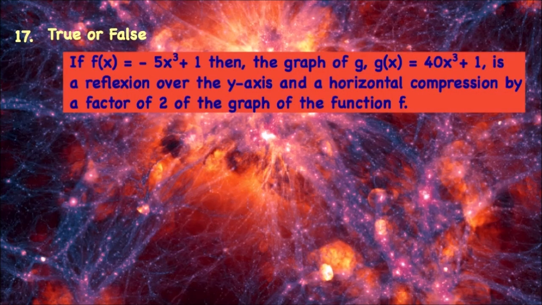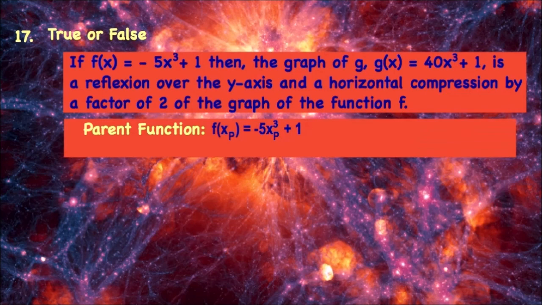Question 17. True or false? If f of x equals negative 5x cubed plus 1, then the graph of g of x equals 40x cubed plus 1 is a reflection over the y-axis and a horizontal compression by a factor of 2 of the graph of the function f.